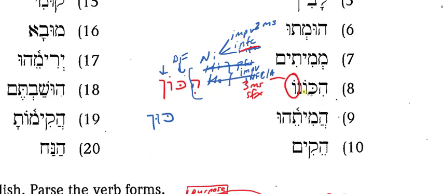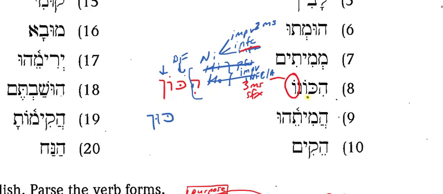Here's what we have to ask ourselves. What does hikkon mean in the nifal? If you look at your vocab list, excuse me, you don't see a qal meaning. It's just nifal, to be established, to be prepared, or to be faithful. Okay? Now, here's the question.